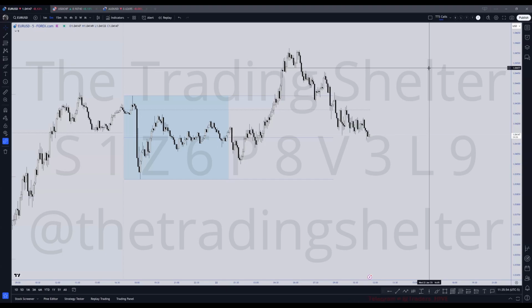So essentially, what I really wanted to touch upon, because it's something I don't really get asked about a lot, but I just happen to see it a lot: trade-aways slash inducements, basically the same thing, versus targeted liquidity.